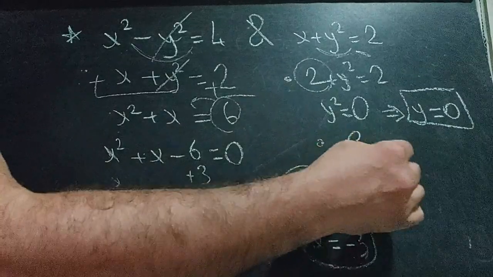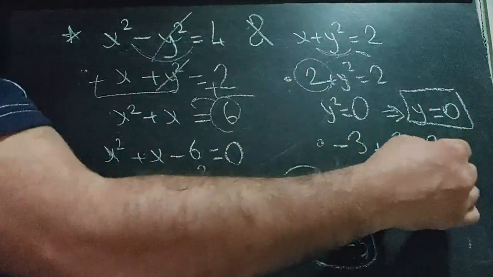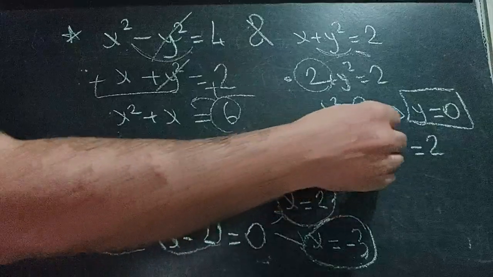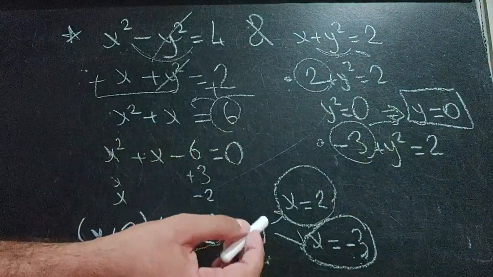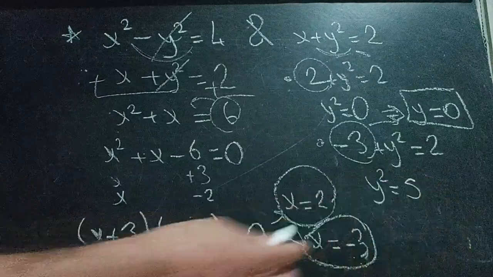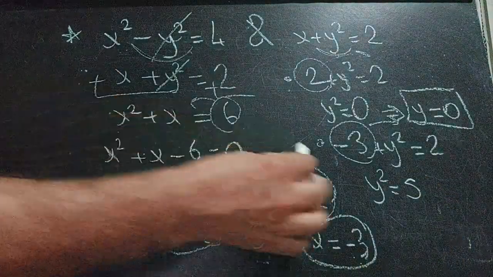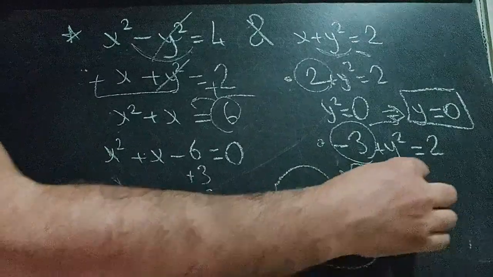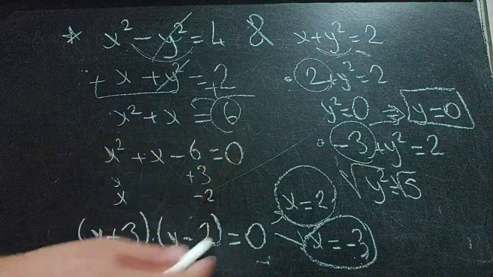Negative 3 plus y² equals 2. This will go to the other side as positive. 2 plus 3 will be 5. y² equals 5. Square root of both sides. y will have two values.